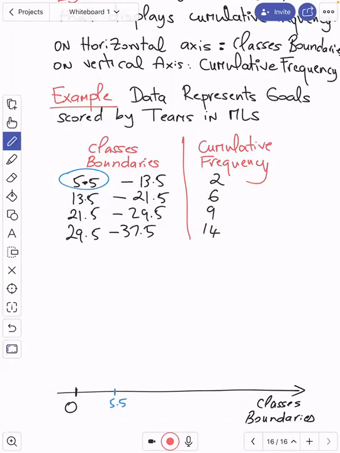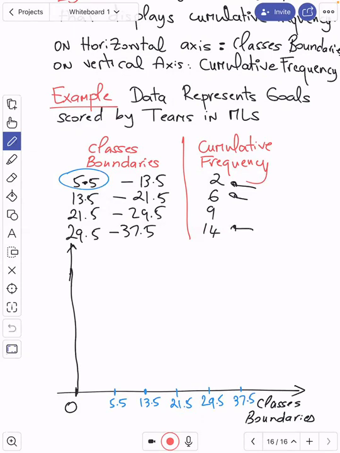Then we have 13.5, then 21.5, 29.5, and then 37.5. Now, for the vertical axis, we have the cumulative frequency. We're gonna need 2, 6, 9, and 14.